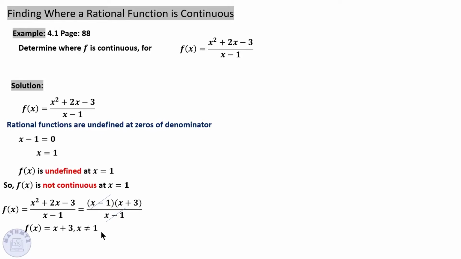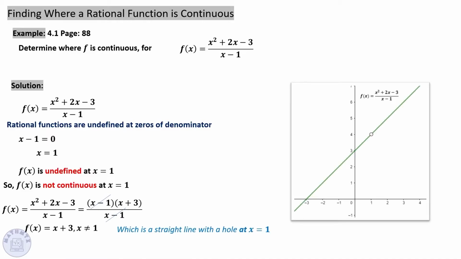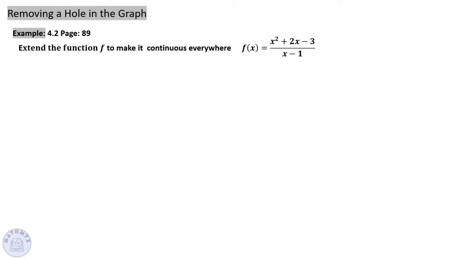So this is defined for all real numbers except at 1, again, because 1 is the 0 for the original function. So you can see there's a hole at x equals 1, and the function is continuous for all real numbers except at 1. Now, what if we've been asked to extend the function f to make it continuous everywhere?